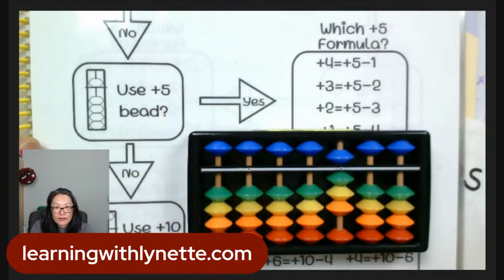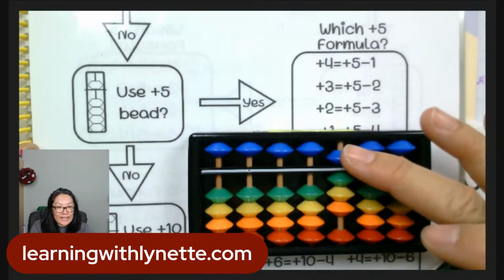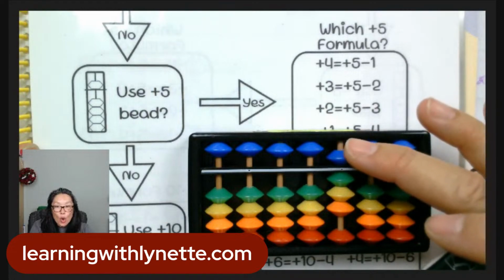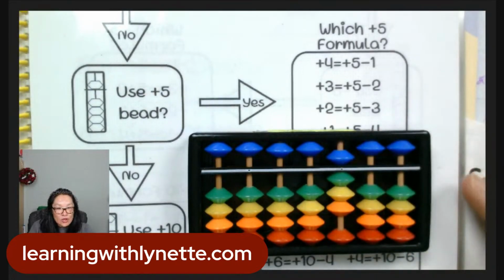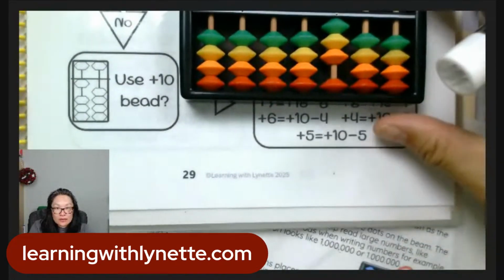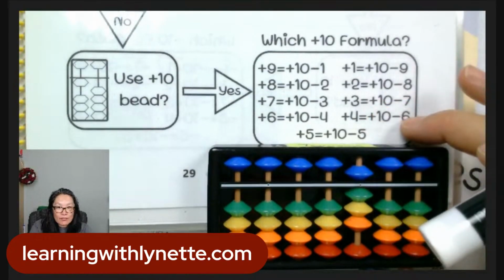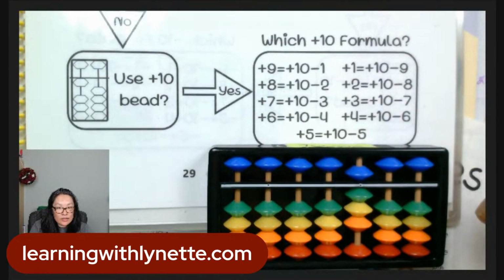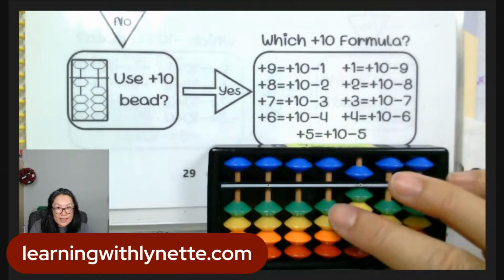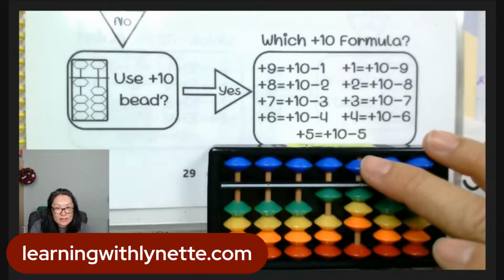Can I add the 5? No, I can't. Why? Because I already added the 5. So my final answer is this: plus the 10 minus the 6. Thank you, Num Num. Yes. Plus the 10 minus the 6.